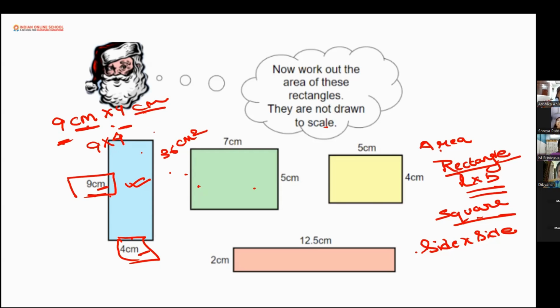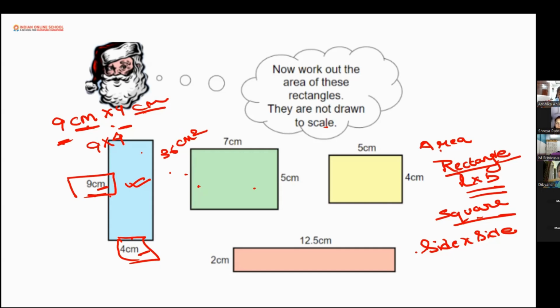No matter whether you're finding the area of a square, rectangle, triangle, whatever it is, you always multiply, and since you multiply, the units also multiply to each other. This is the reason it's centimeters square. I hope I'm clear.